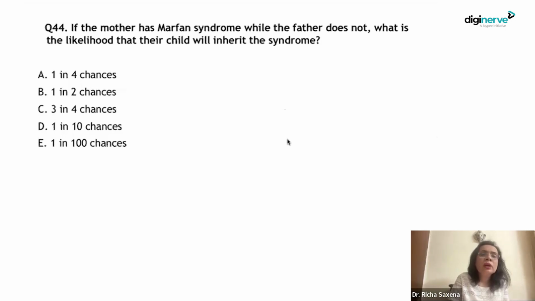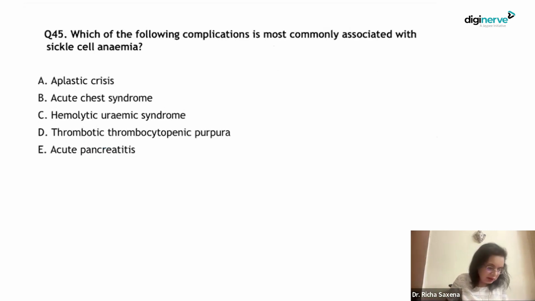So if it is autosomal dominant, it means that if the mother has Marfan syndrome, even with one abnormal chromosome she will be able to pass it to her child. So that means 50% of her progeny will have Marfan syndrome, a 1 in 2 chance. Again, genetics is quite simple because you can for sure answer those questions if you know the concept.